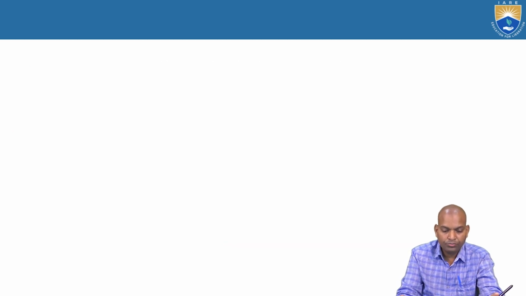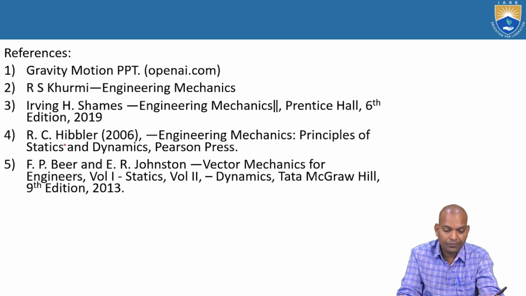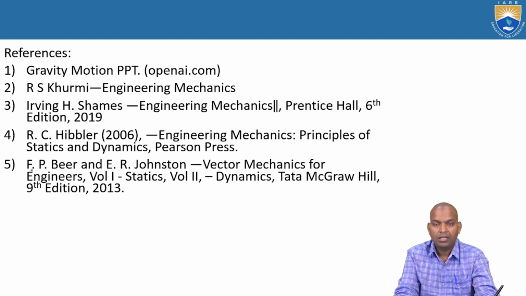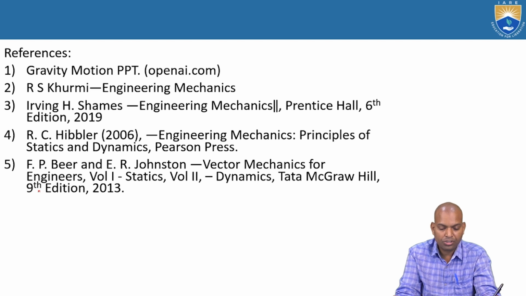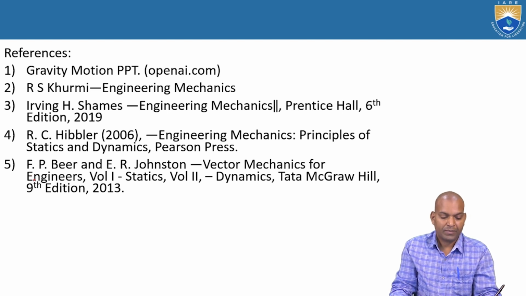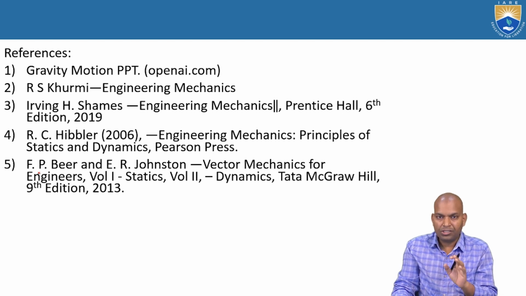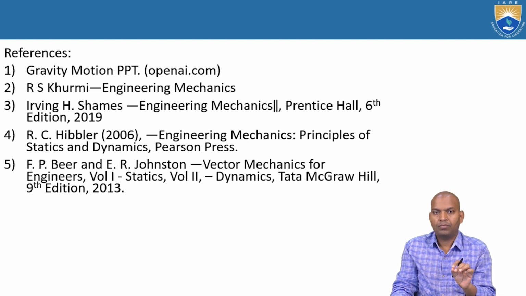In this session we covered different things, and the references followed were the gravity motion PPT, RS Courtney, Irving Shames, RS Hibbeler, and Beer and Johnston's Vector Mechanics for Engineers. So the session was purely about motion under gravity.